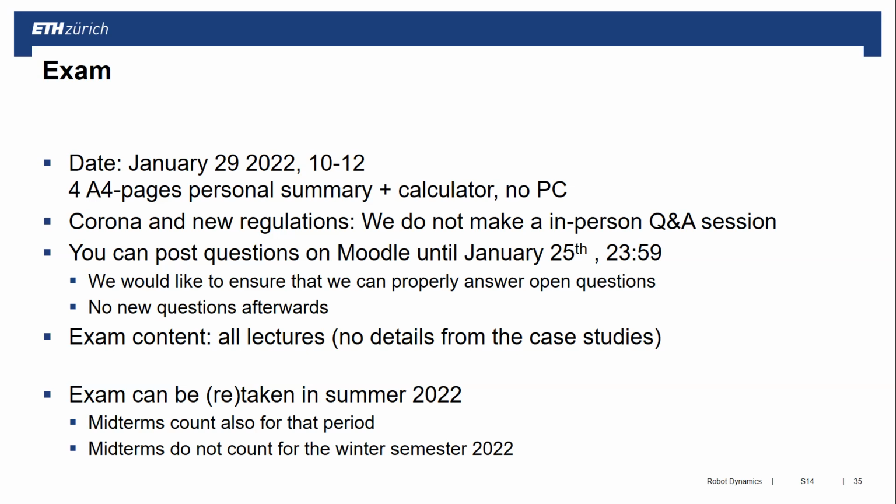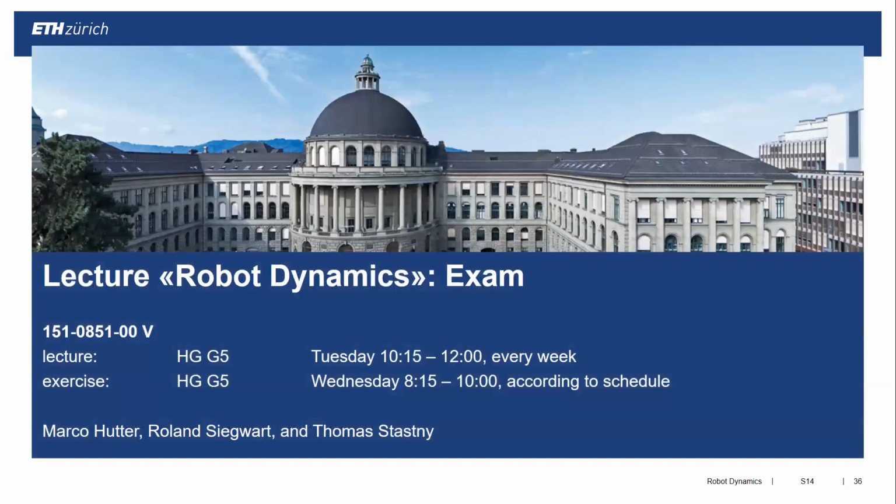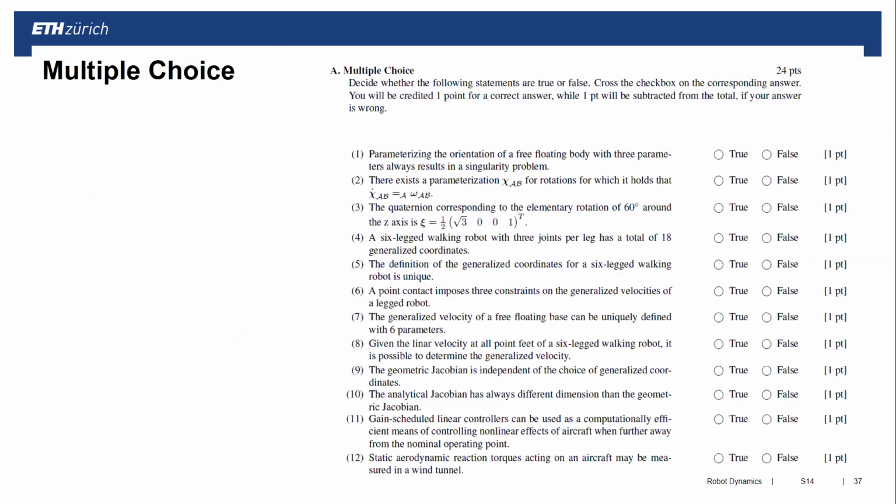So I will spend the last 10 minutes just to quickly go through a complete exam with you to take away a little bit of the worries about how this will look like. Content-wise it's not the same, but structurally it's going to be the same. In the first part, we have a couple of yes or no questions.